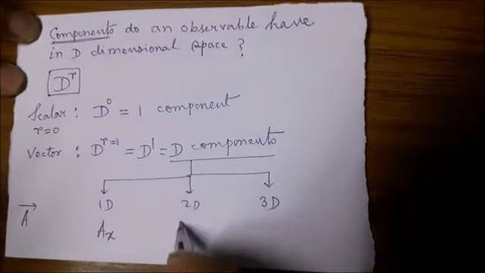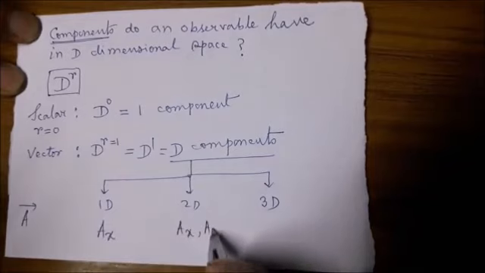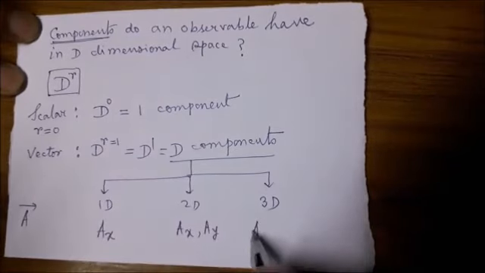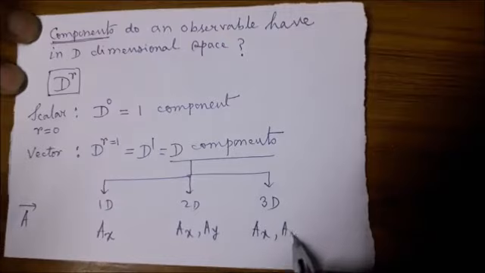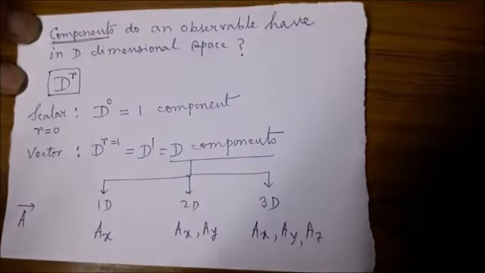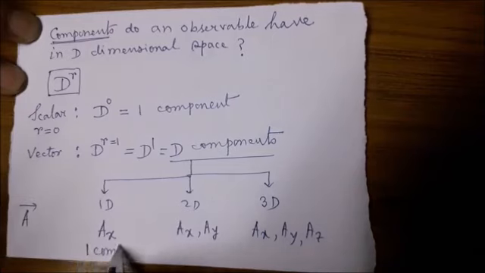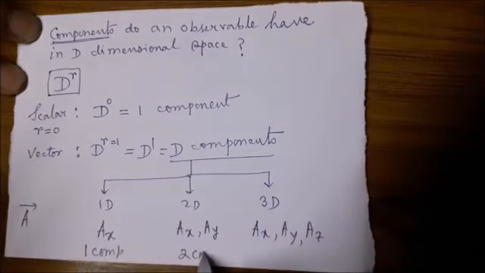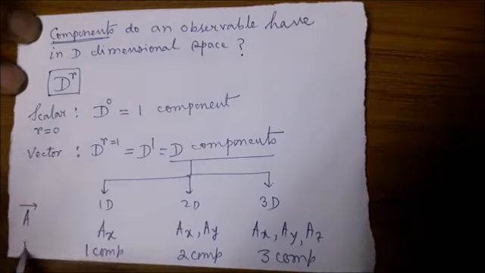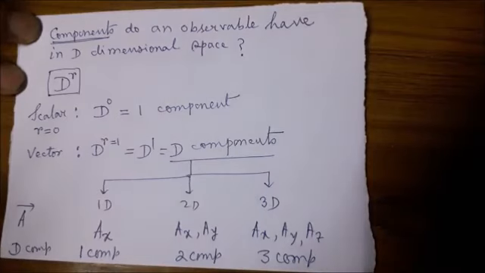In 2D, it will have two components, Ax and Ay, but in 3D, it will have three components, Ax, Ay and Az. One component, two components, three components, so d components in general in a d-dimensional space.